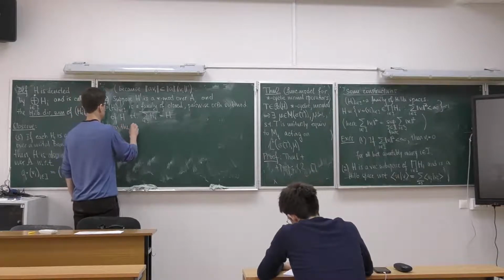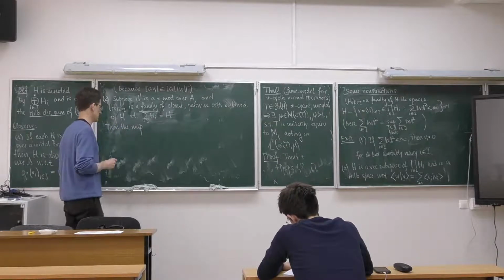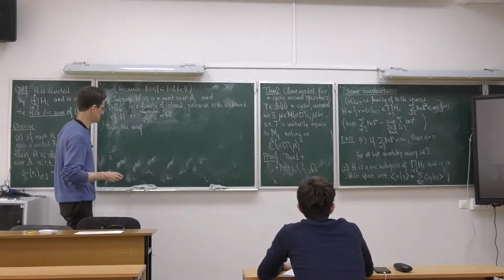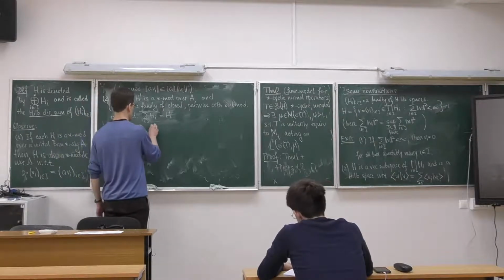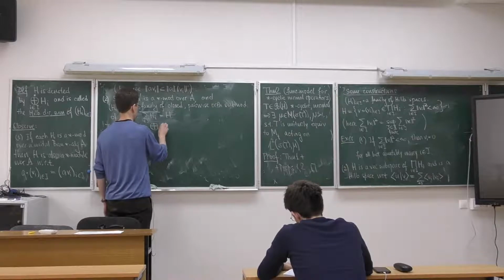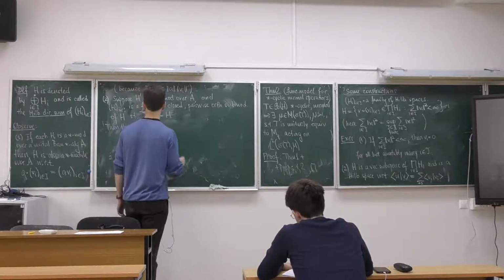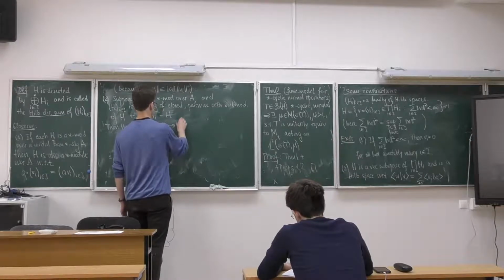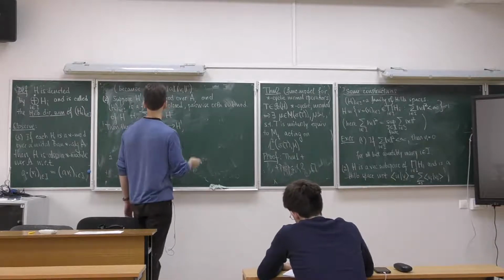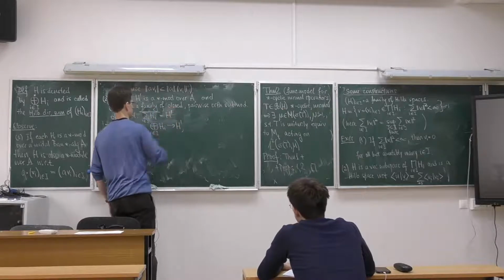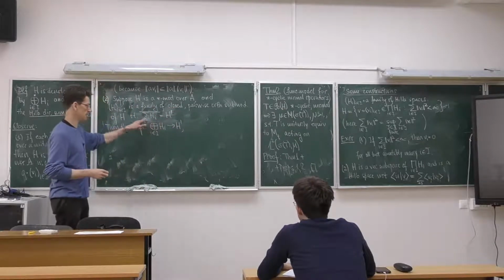Well, actually, we don't need any special notation for this map. This map acts from the algebraic direct sum of our family to H prime. Oh, sorry, I forgot to put the prime here, of course, H prime. We don't have H, we have only H prime.